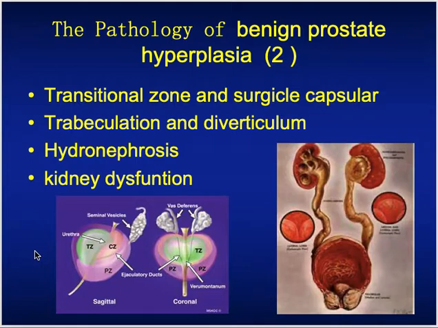What happens in the prostate is that these hormones, testosterone, or 1,5 dihydrotestosterone, which we can also write as DHT, basically control the growth of the prostate.